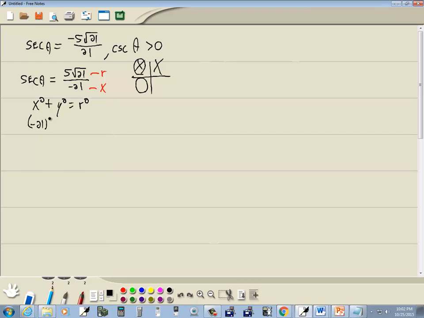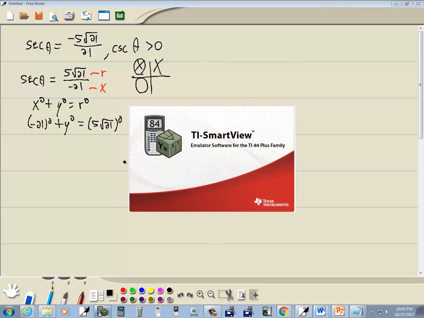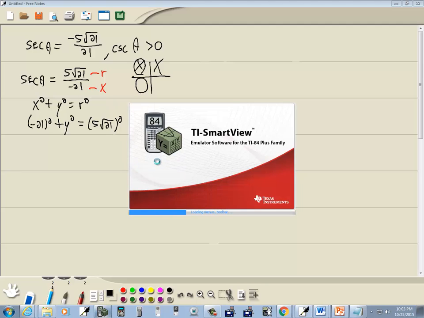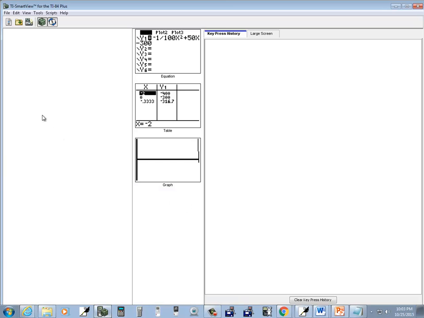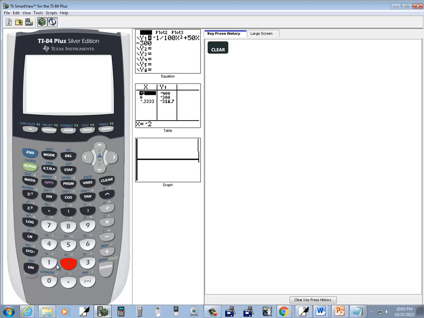So we're going to have negative 21 squared plus y squared is equal to 5 square root of 21 squared. Now 21 squared is 441.